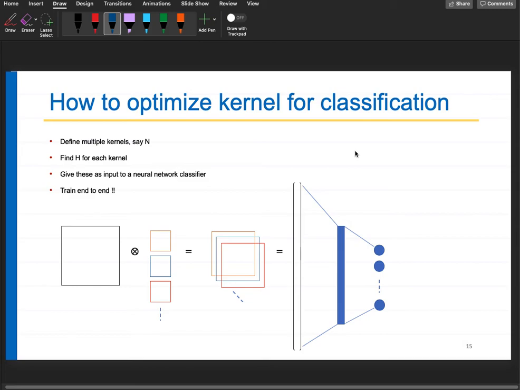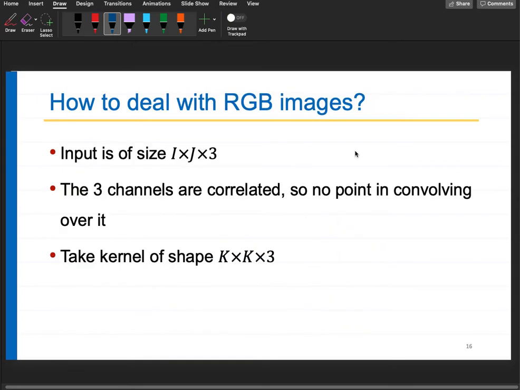Yeah. So here in CNN, you just use the convolution part for identifying the input for the neural net, right? So can we do it repetitively? Just wait, it's coming. It's on the way. Okay. So now how do we deal with RGB images?